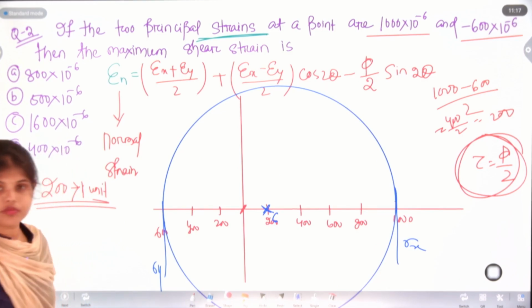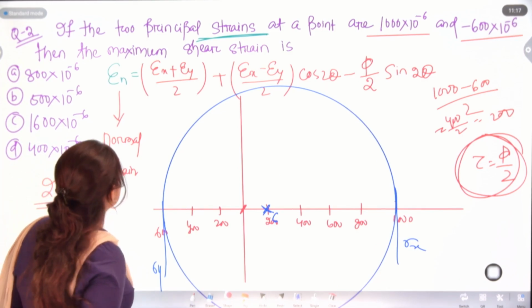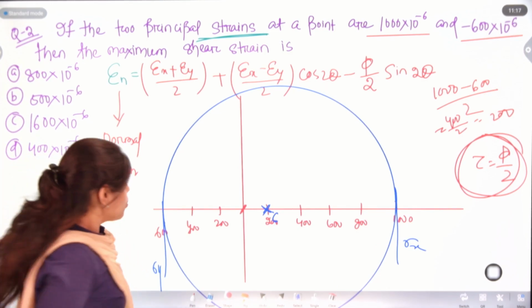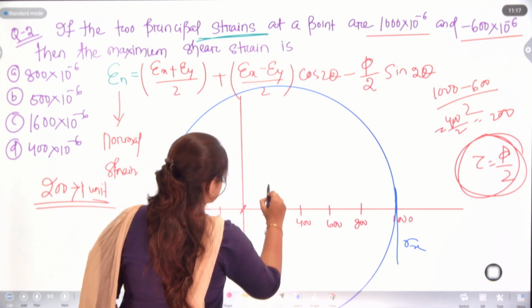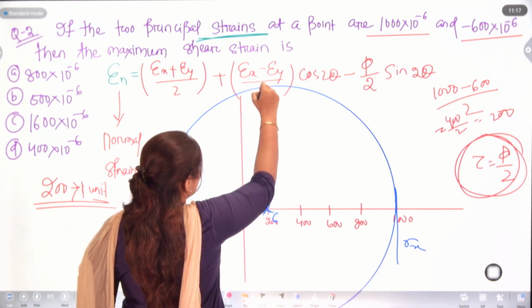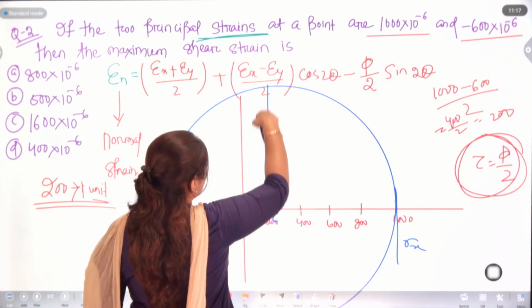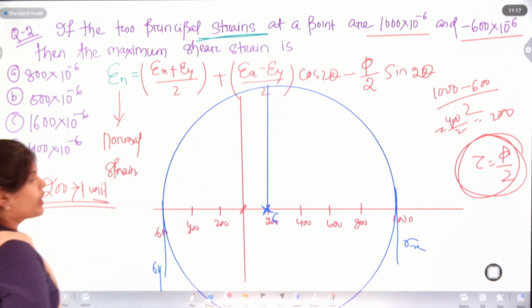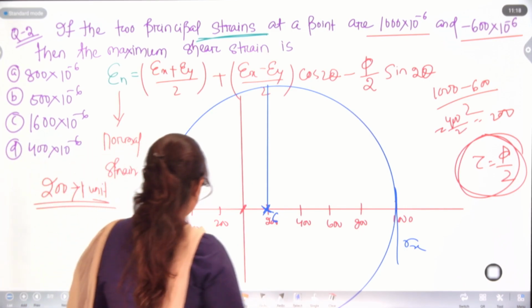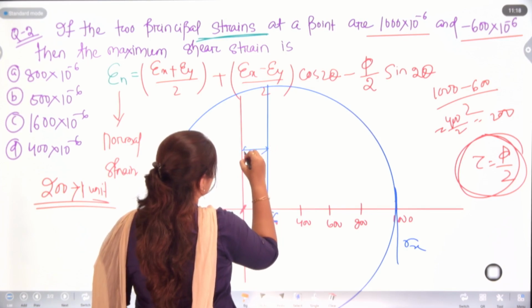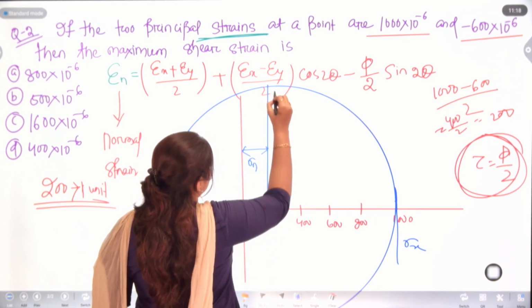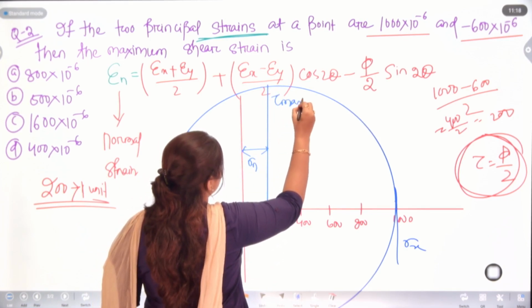Okay. So, what is asked? The maximum shear strain. So, if we plot the perpendicular from this line, we can have the maximum shear strain, right or wrong? Right? And this is your sigma n. Here you have tau max.